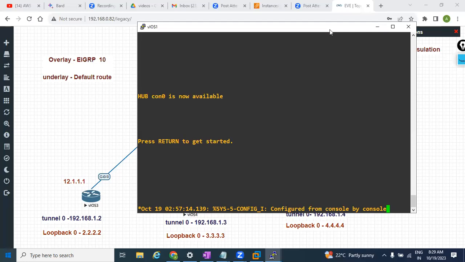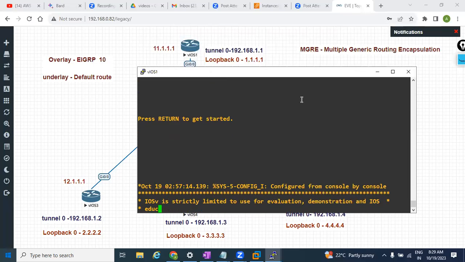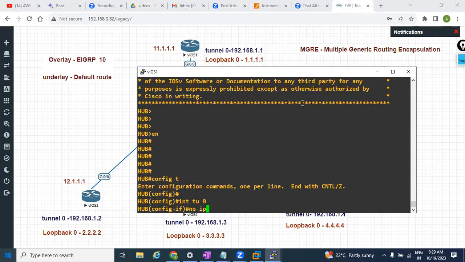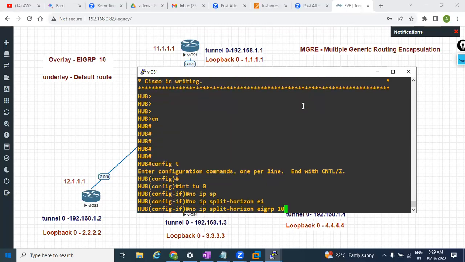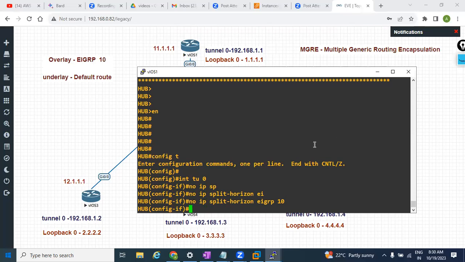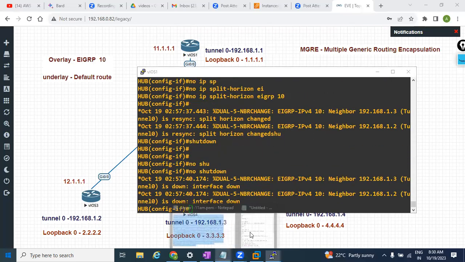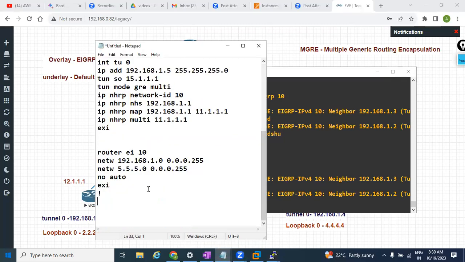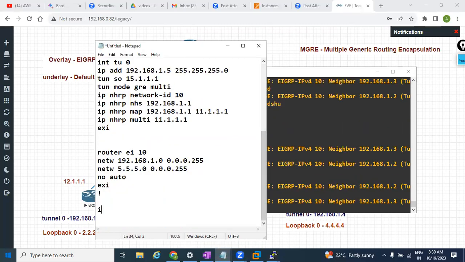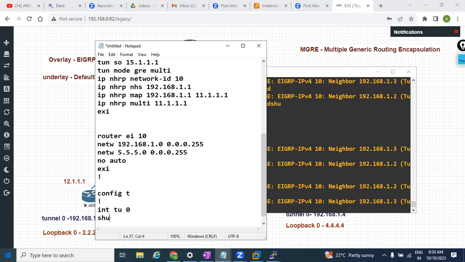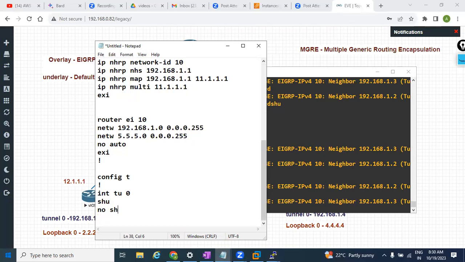So for that, what is the solution? Go to the hub, interface tunnel 0, no IP split horizon EIGRP 10. Make the interfaces shut, then make it no shut once. Interface tunnel 0, make it shut, make it no shut.